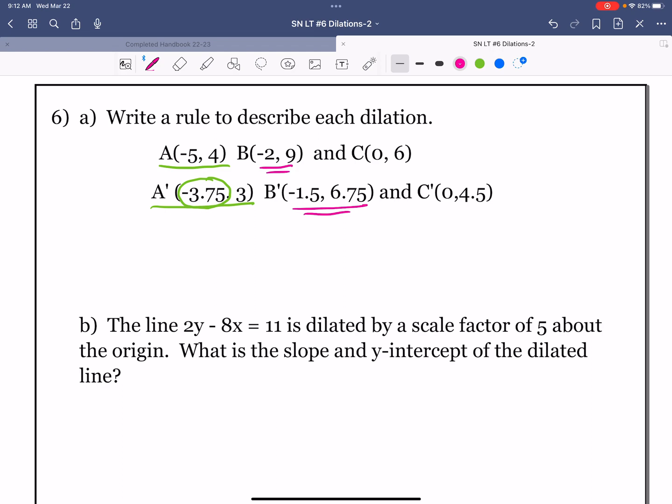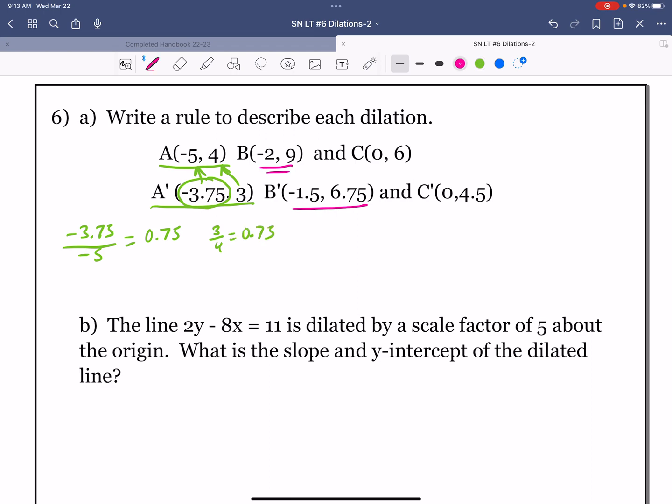Negative 3.75 divided by negative 5 gives you 0.75. 3 divided by 4 is 0.75.